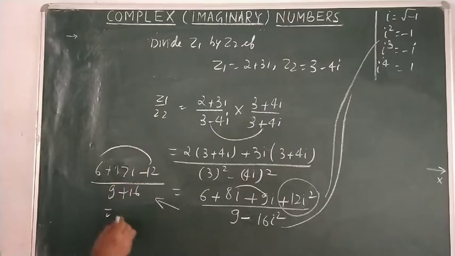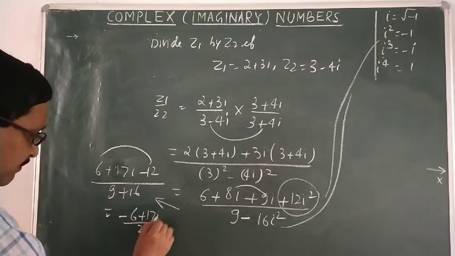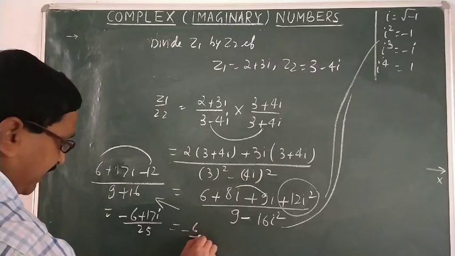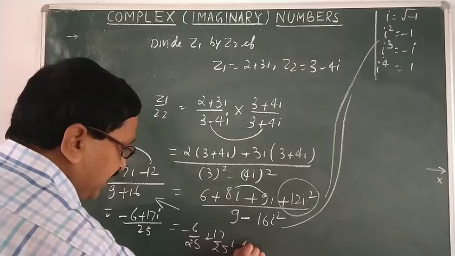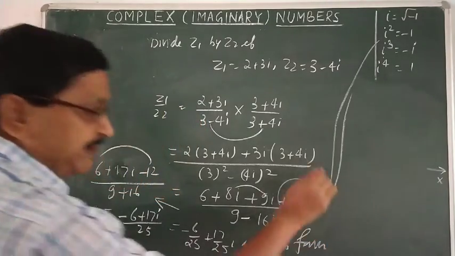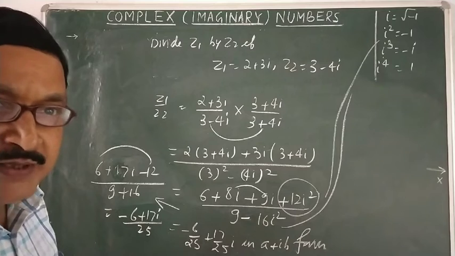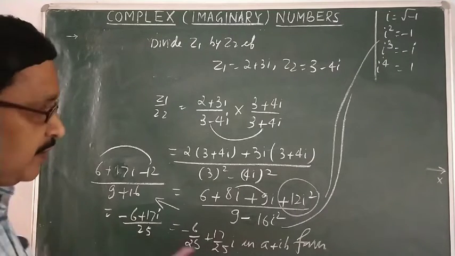So when these are composed, minus 6 plus 17i over 25. So this is minus 6 by 25 plus 17 by 25 i in a plus ib form. Remember it, after all the operations, the answer must be kept in a plus ib form.